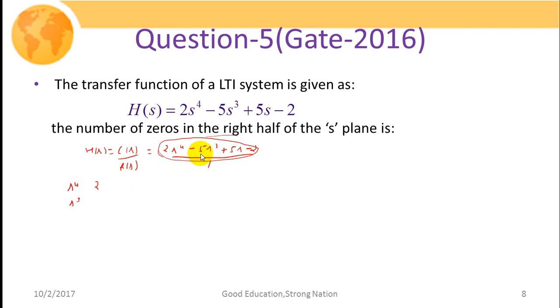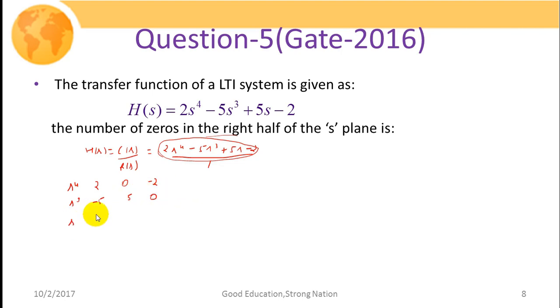Then after skipping the next coefficient s cube, please consider that the coefficient of s square is missing, so we could write it as 0. Then again the coefficient is -2. Now the coefficient of s cube is -5, and then after skipping 0 we have +5 and then 0.